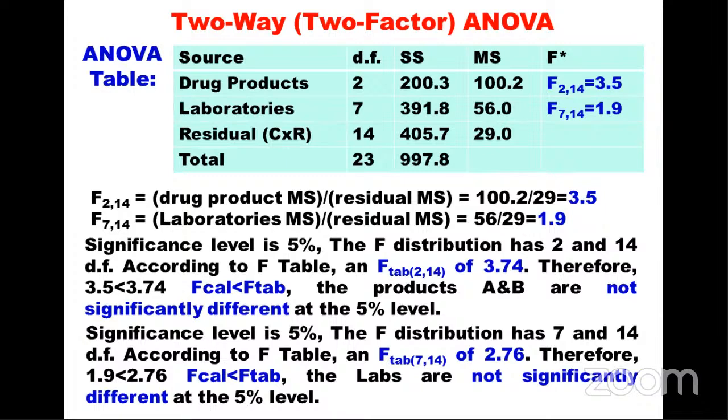Similarly, the F table value for the rows, for laboratories, is 2.76, and 1.9 is less than this, so there is no significant difference between the labs. So F calculated is less than F table here, so no significant difference between A and B, and similarly between labs.